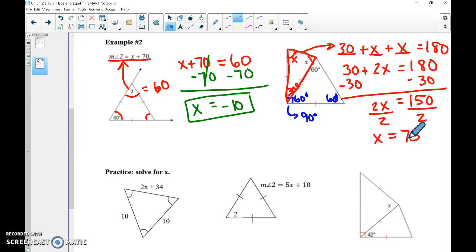Another way you could have figured this out, if you know that 30 degrees is gone and this has to add up to 180, you could have done 180 minus 30. That would have left you with 150 degrees. That means that those two angles together have to make 150. You know that they're the same degree, so split 150 into 2. Gets you the same thing, 75 degrees.